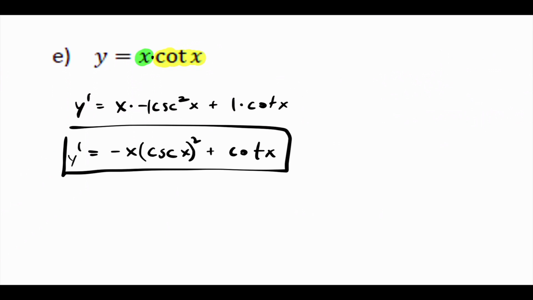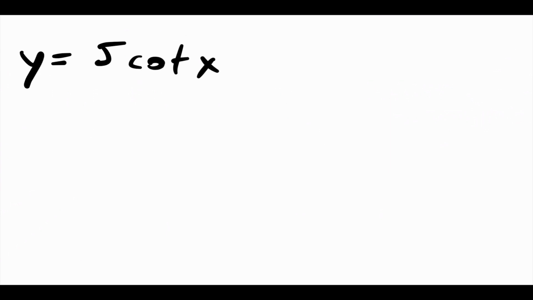I'm not going to give you another problem, but I'm going to give you another example. You don't have to do this problem, but you'll see this problem too. So 5 times the cotangent of x.